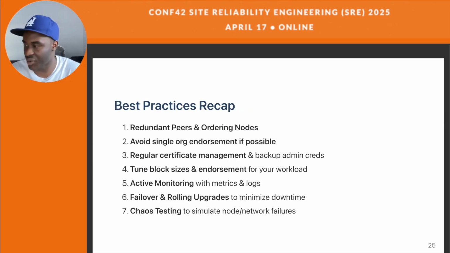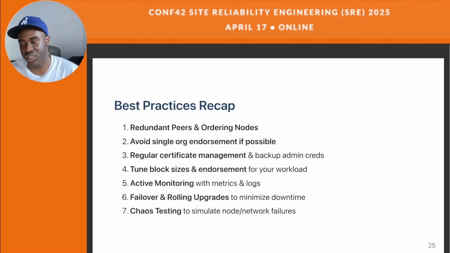Best practices, a recap: you want to have redundant peers and ordering nodes, redundant components. You want to have flexible endorsements, so not a single org endorsement, and you also don't have to require every org.